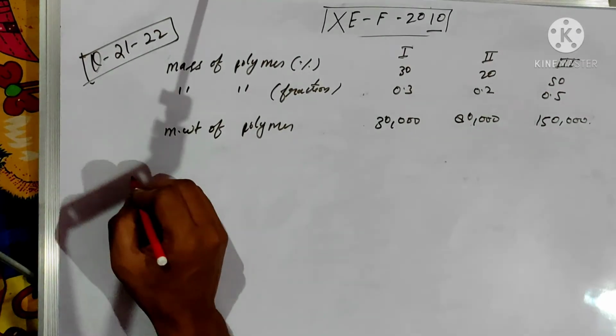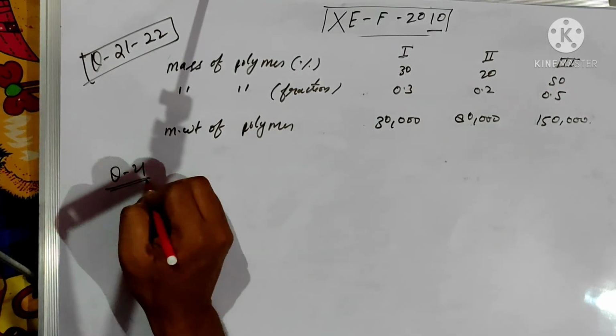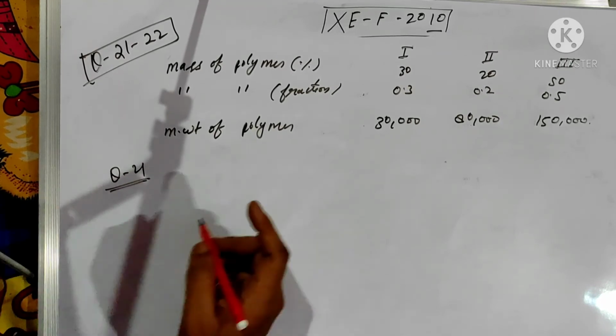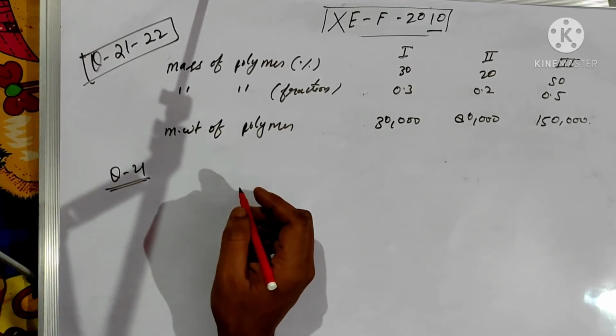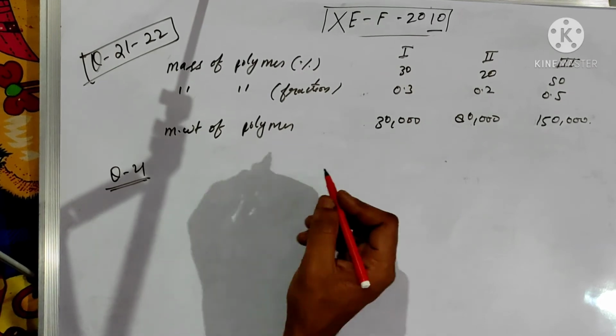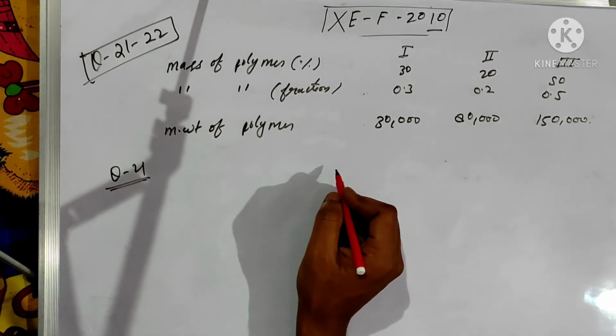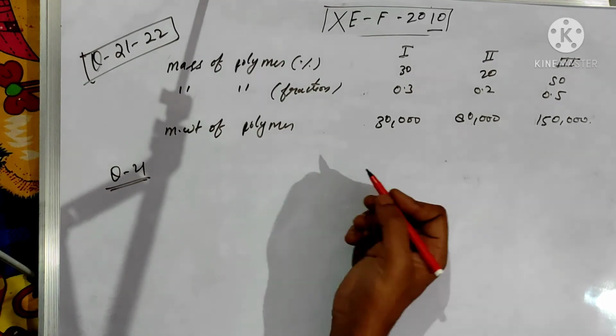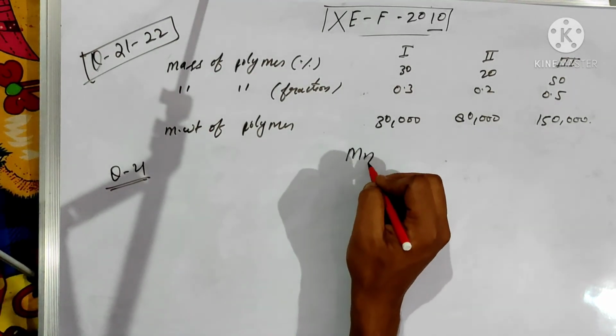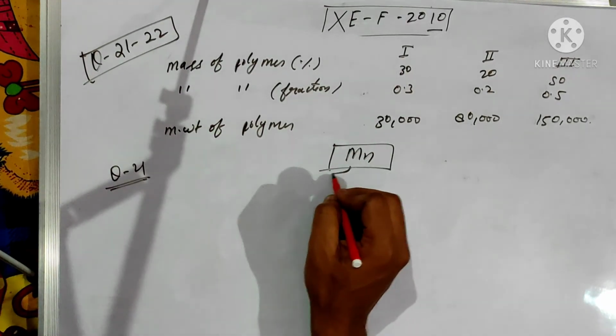So in question number 21, calculate the number average molecular weight. The number average molecular weight can be calculated by two methods.